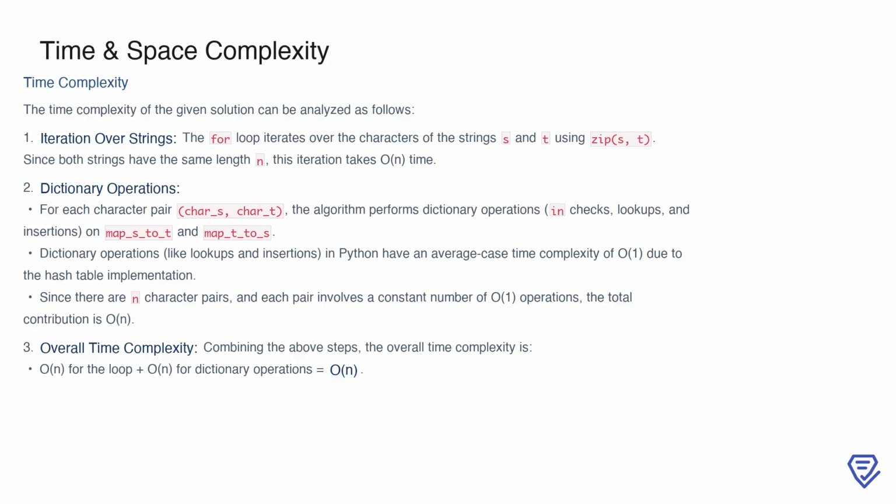These operations include checking if a key exists, looking up values, and inserting key value pairs. Thanks to Python's hash table implementation, these dictionary operations have an average case time complexity of O(1). Since there are n character pairs and each involves a constant number of these operations, their total contribution is also O(n). Combining the time for the loop and the dictionary operations, the overall time complexity of the solution is O(n).